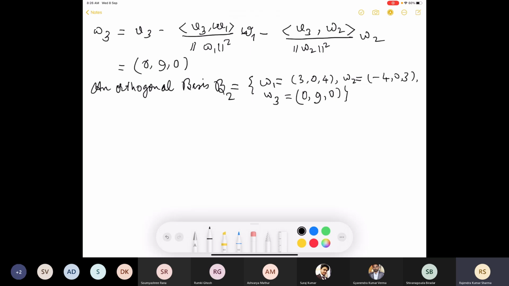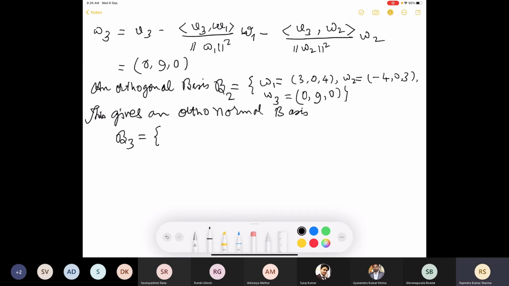All right. So from here, an orthonormal basis can also be obtained, as B3. So what you do is W1 by the norm of W1.